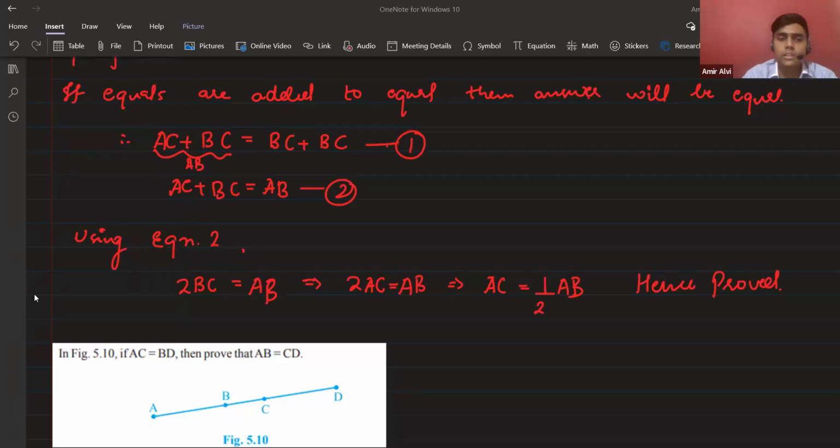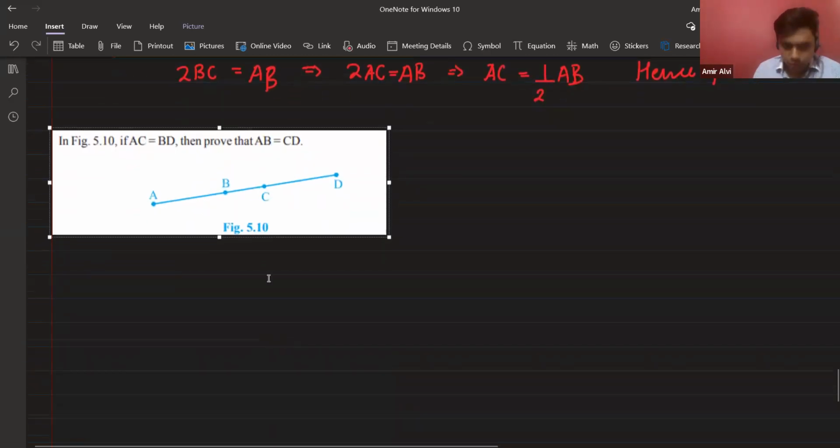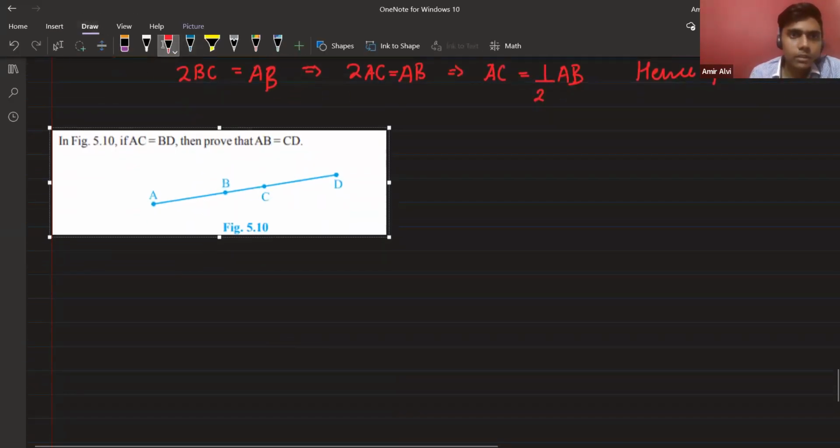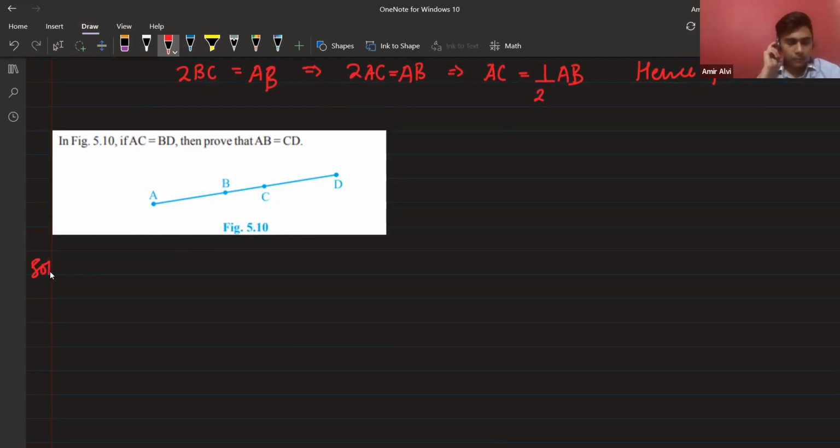Simran, is it complete, written completed? Yes. Okay, so let's solve this one here. Whenever you are done with the written part, let me know. Okay. I thought that you are writing, that's why I was waiting.